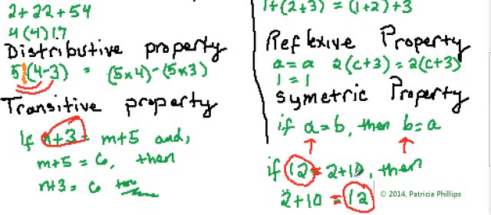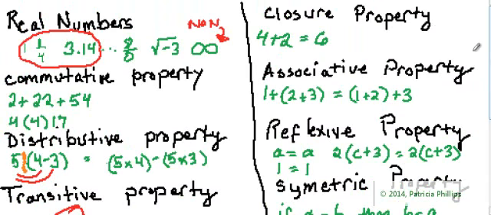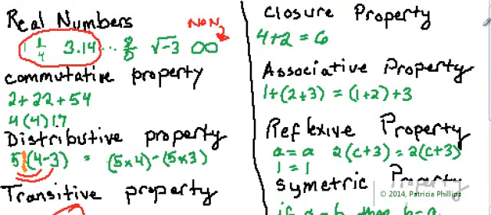So what I would do when studying is I would do the closure, commutative, associative, and distributive. I would study those together because you're going to have to identify them from each other. Like there will be just some math. You'll be looking at some math. It'll say, which property is this? And it may be multiple choice. It may be fill in the blank.